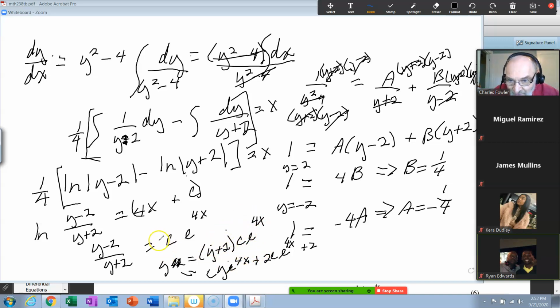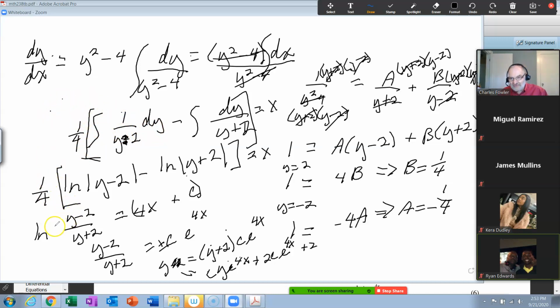There it is. This should have been a plus or minus, and the reason for that is the absolute value bars. There should have been these. I dropped them because I was just tired of writing them.